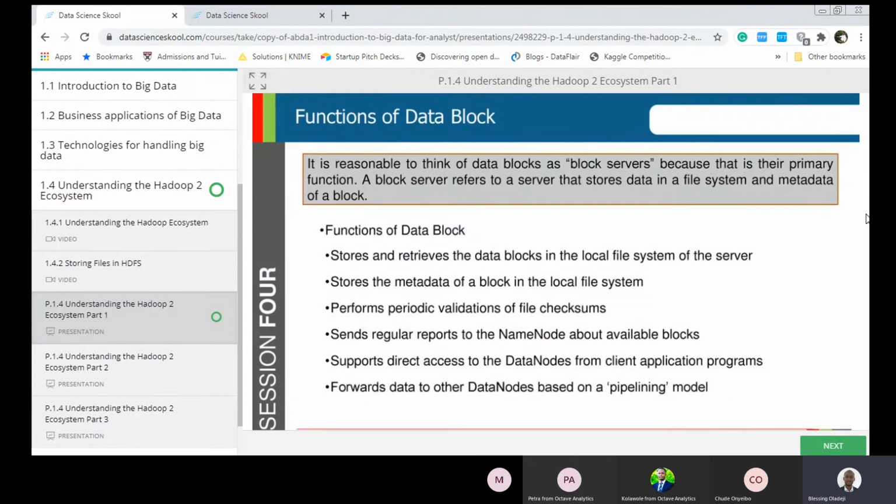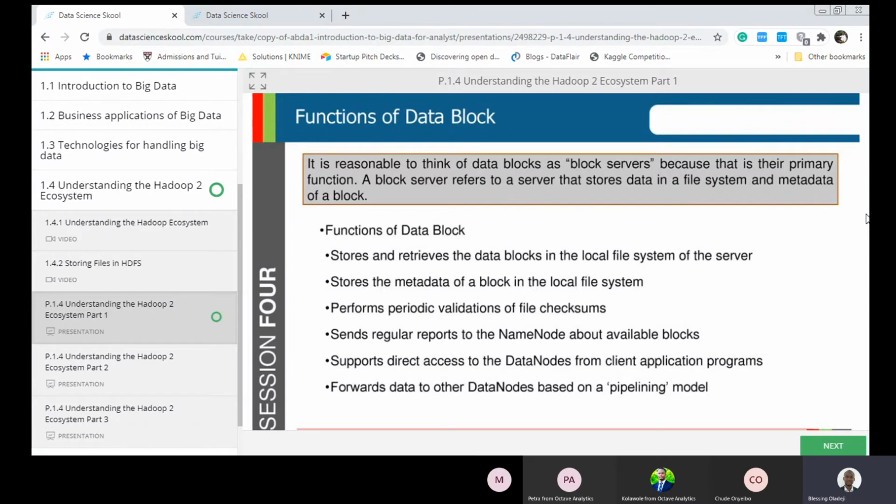The data block is the primary component of the HDFS file system. A block server refers to a server that stores data in the file system. So a block is the exact location where the data is stored.